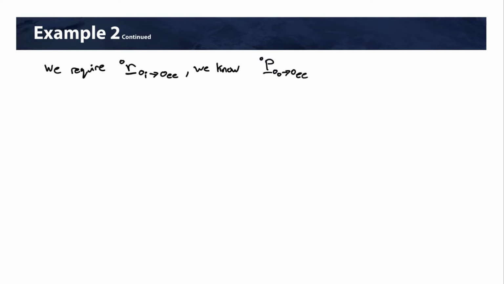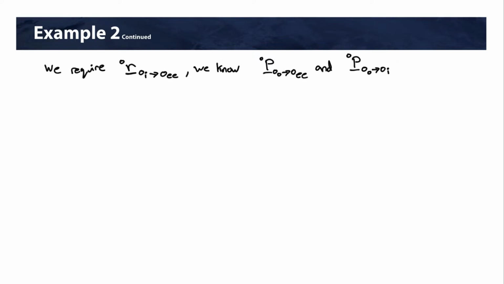We know that from our forward displacement solution. As well, we know the vectors from the base frame to each frame I, and that's from our transforms T01, T02, T03, and so on. So we can use those two vectors to actually calculate R.